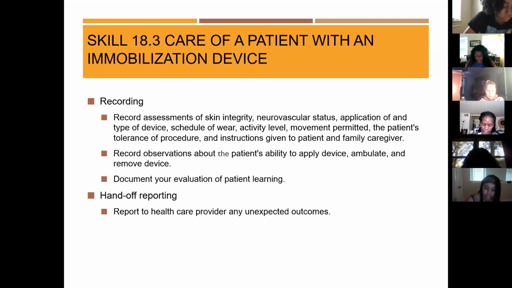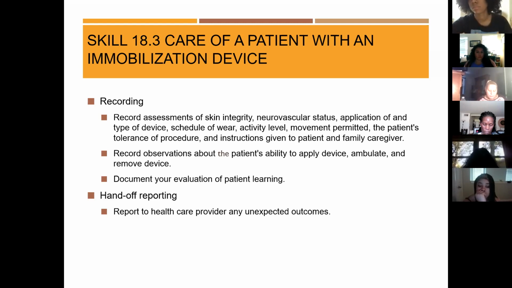All right, so where was I? I was charting. Skin to the foot of affected extremity is warm, dry, intact. Cap refill 2 to 3 seconds. Patient has full sensation to foot of affected extremity.